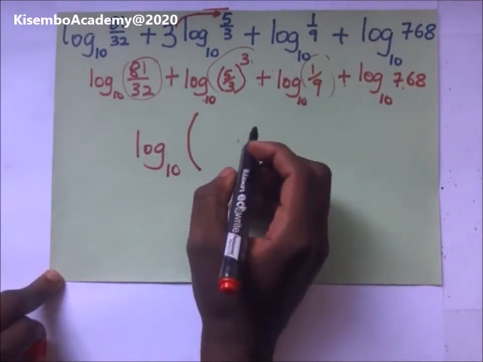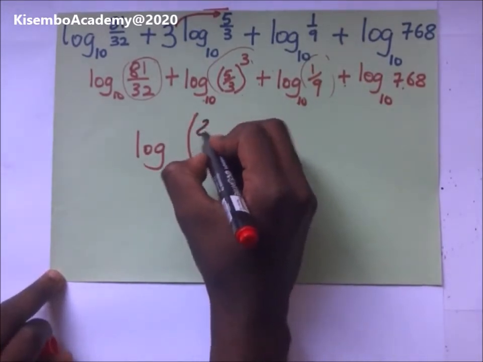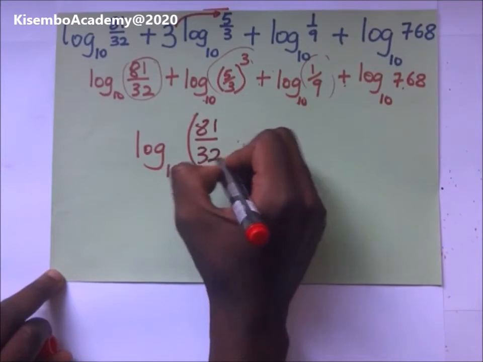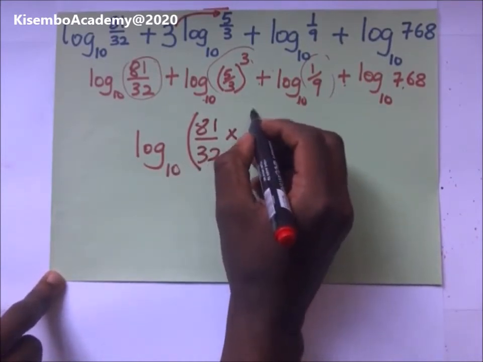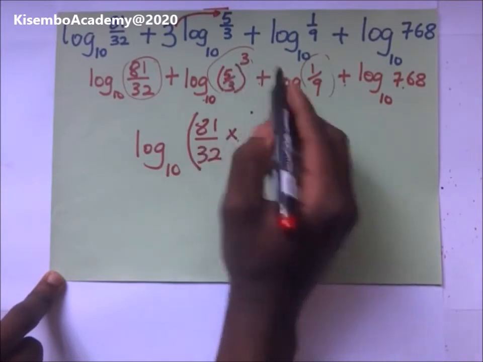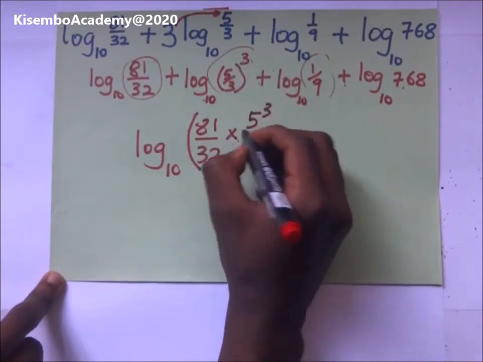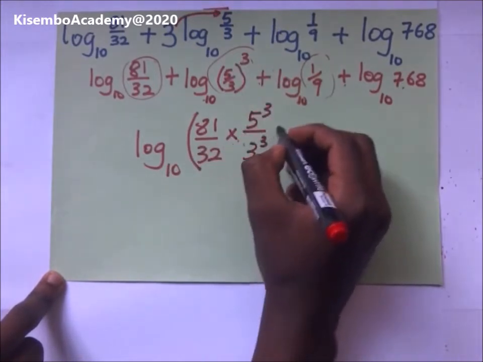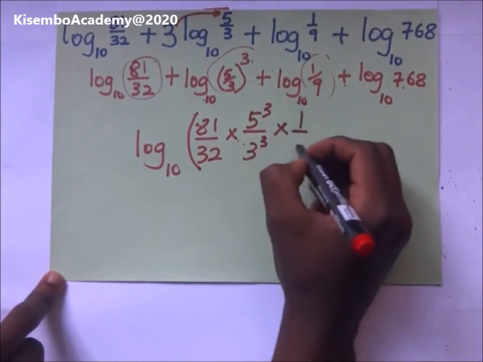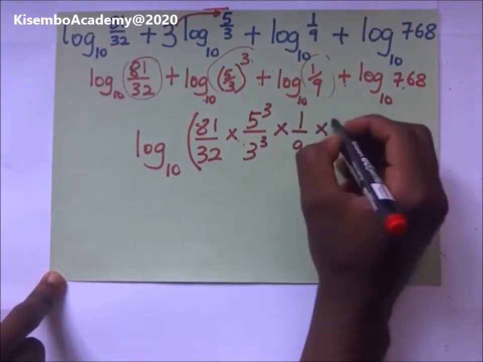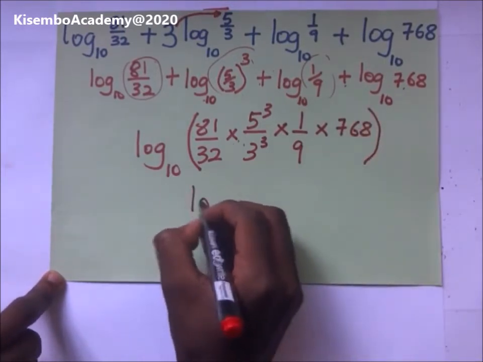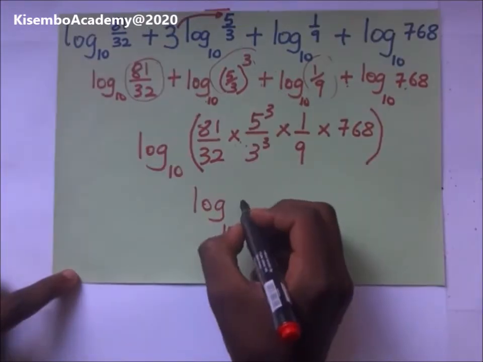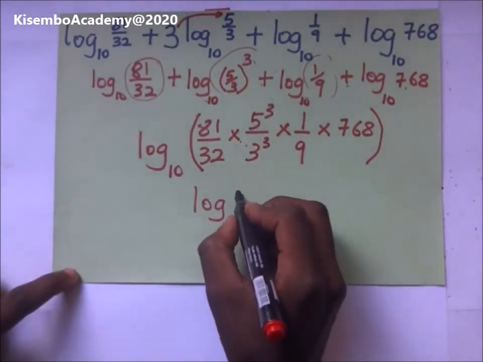So it's going to become 81 over 32, multiplied by 5 over 3 cubed, which is the same as 5 cubed over 3 cubed, multiplied by 1 over 9, multiplied by 768, and our answer here is 1000.